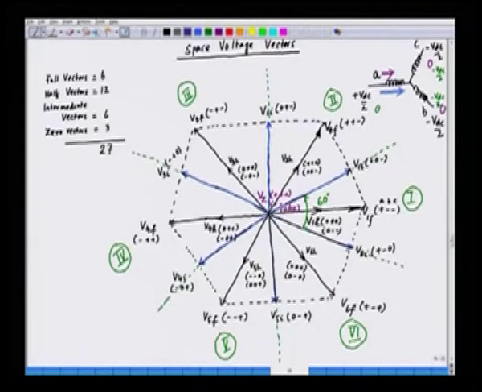So, the flux vector can lie in any one of the 6 sectors, and that can be found out by calculating theta s. Theta s will help us know the position of the stator flux vector, and hence we can find out which vector can be applied so that we control the flux and the torque respectively.